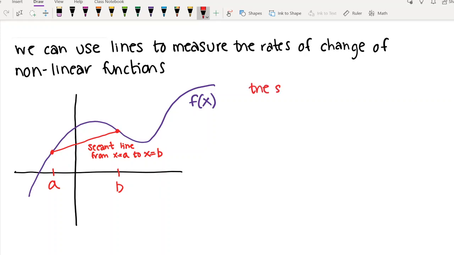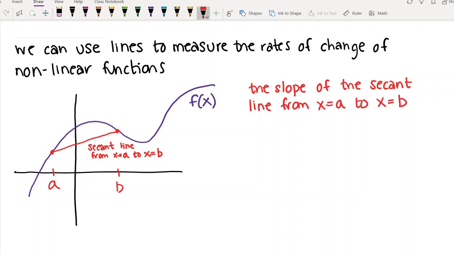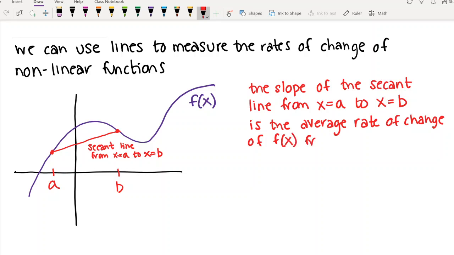So the slope of the secant line from x is equal to a to x is equal to b is going to be the average rate of change of your function from x is equal to a to x is equal to b.